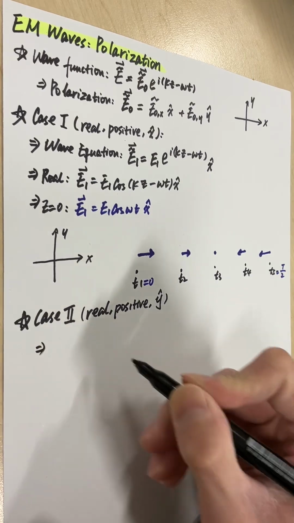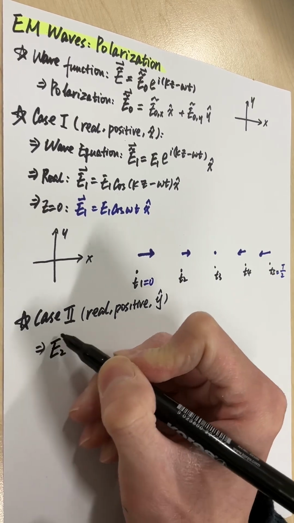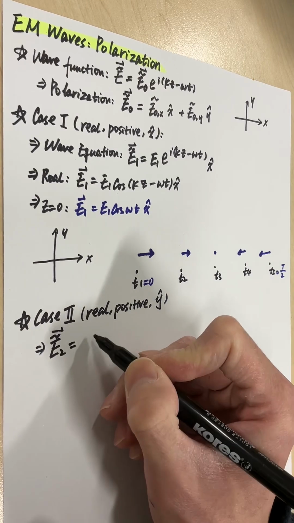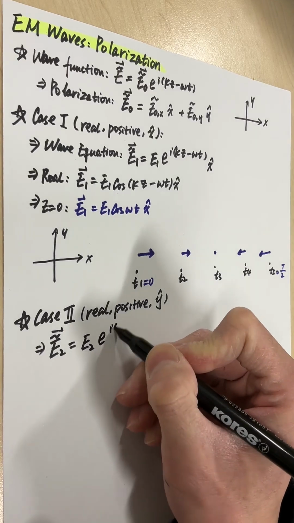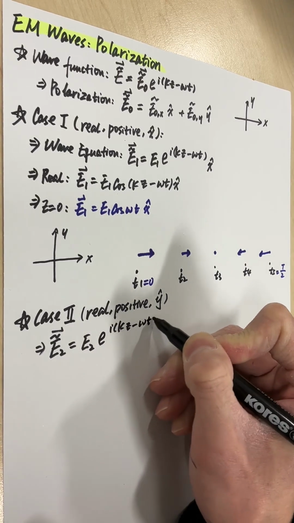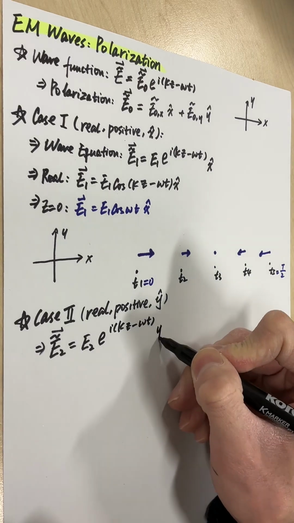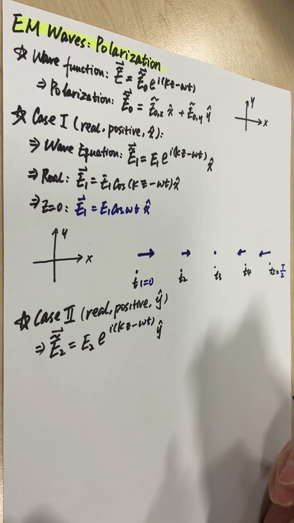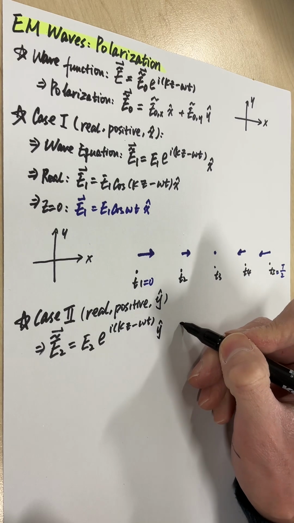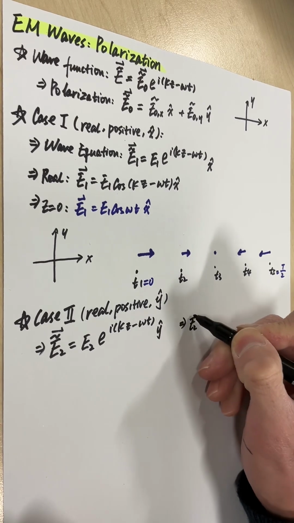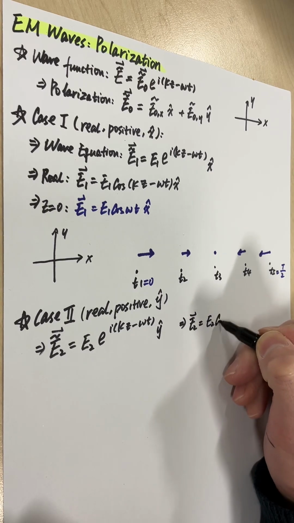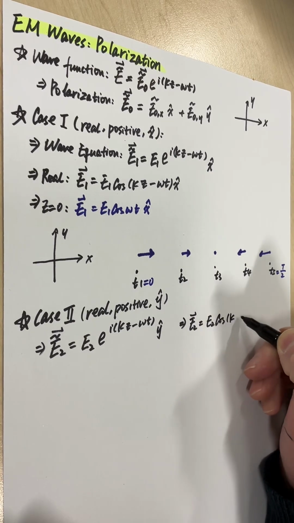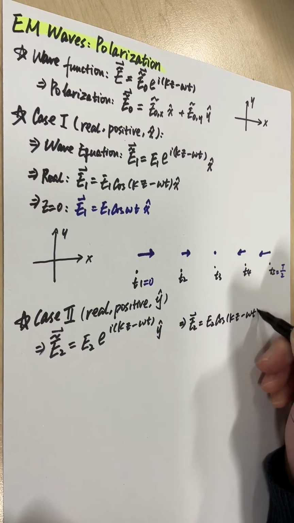So now the wave function, let's say we have E2, equals a real and positive amplitude, and then e^(i(kappa z minus omega t)), the propagation function, and then the y direction. And then the same as before, only the real part has physical meaning. So the real part is given by E2 equals the amplitude and then cosine(kappa z minus omega t) and then y.